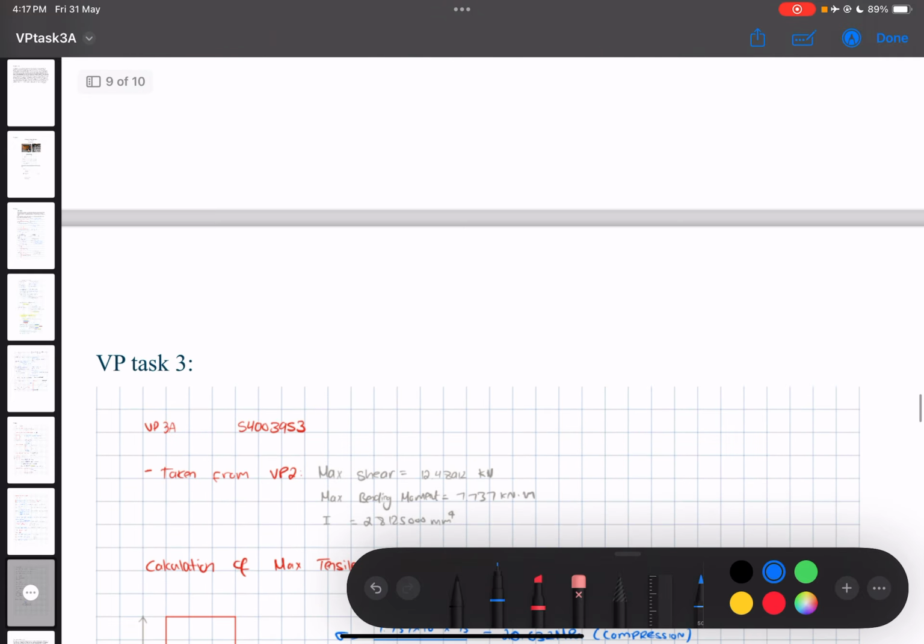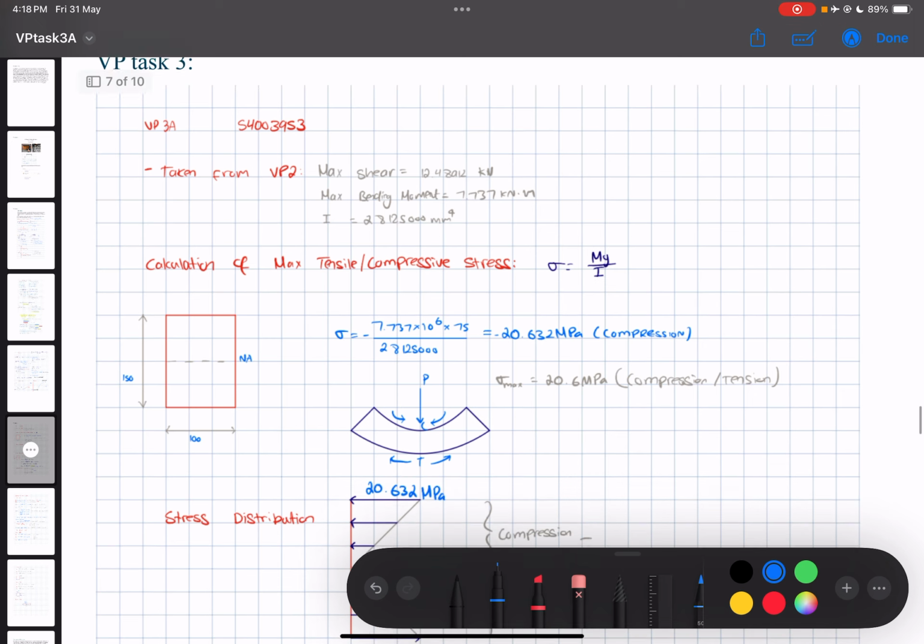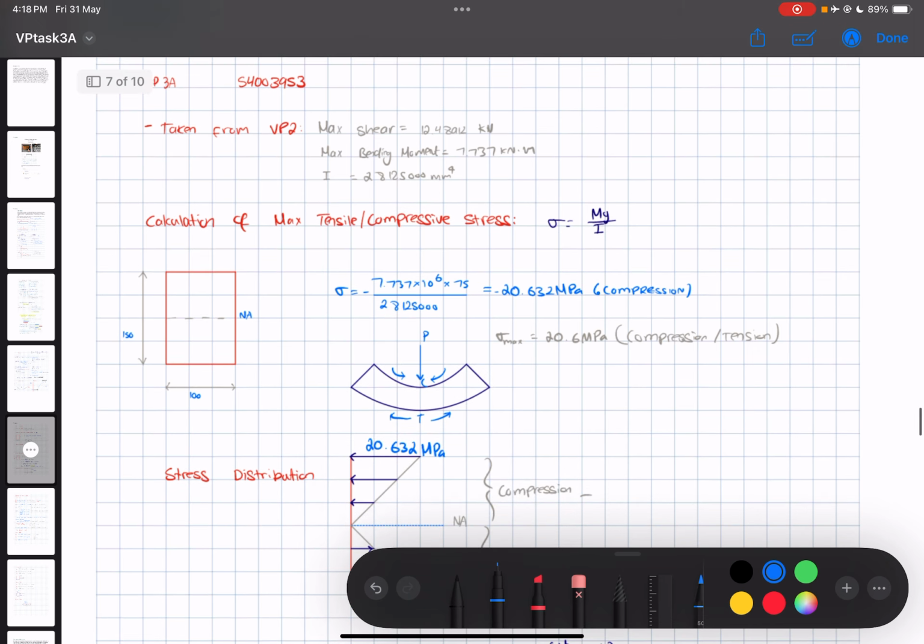So to begin my calculations, I started with calculating the maximum tensile or compressive stress using the equation sigma equals My over I, taking moment from VP Task 2 to be the maximum moment, which was 7.737 kilonewton meter converted to newton millimeter, and from here I got 20.632 megapascal.